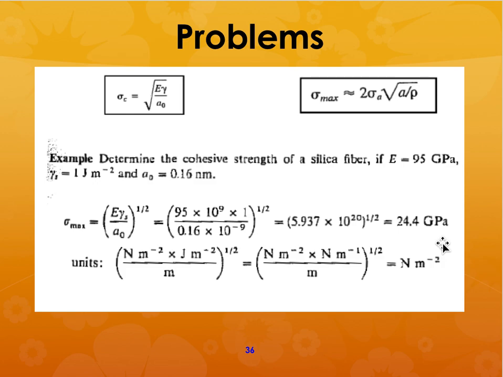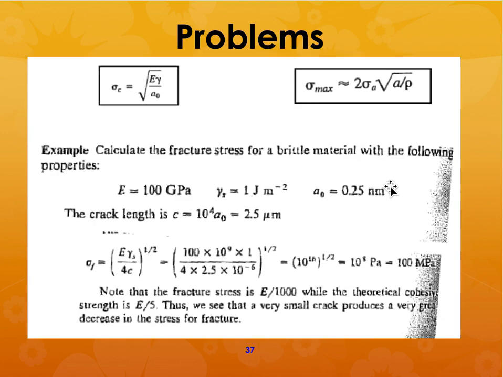But you can see that the maximum stress for this kind of flaw size, and this is the surface energy of a small crack, is much lower than the elastic modulus or the theoretical strength of the material.